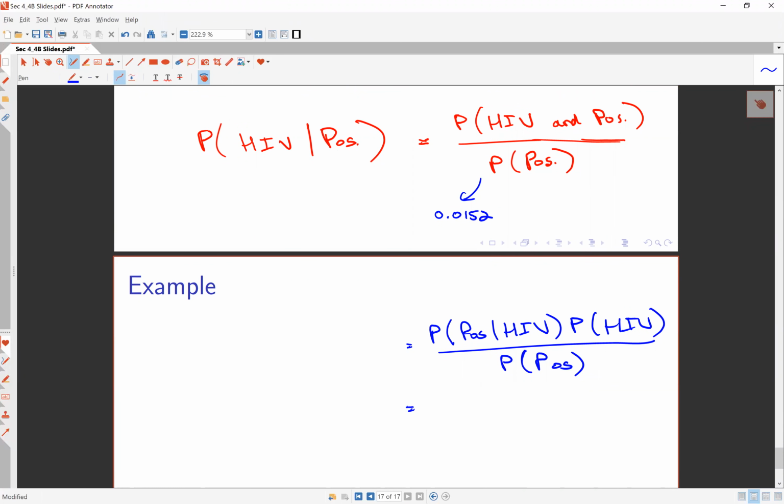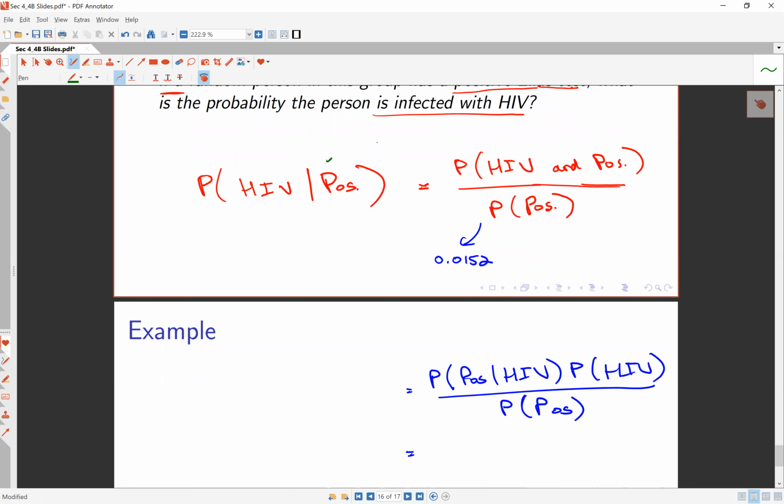I could just have lifted this from the previous example, but what you should notice here is I applied the definition of conditioning, right? And then I applied the multiplication rule in the other direction. So this is just the definition of conditional probability. And secondly here, it's the multiplication rule, but I'm conditioning in the other direction.